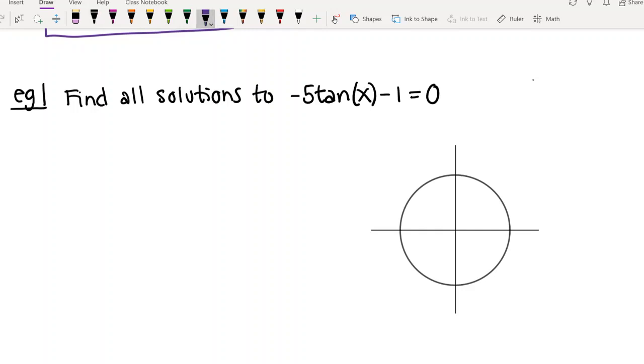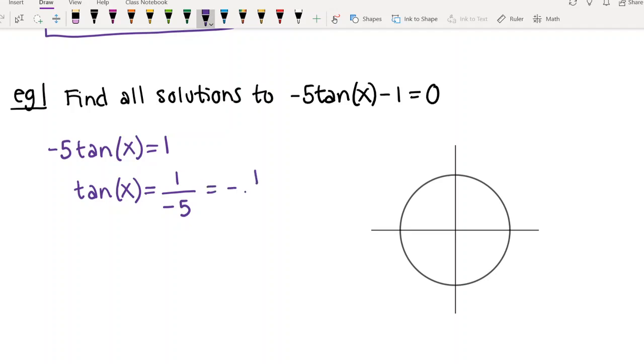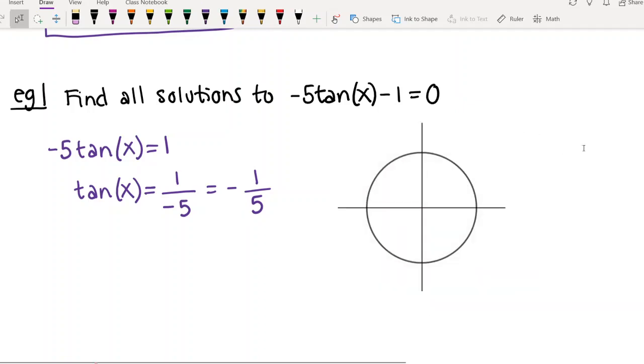So we can start by isolating tangent of x. We get -5 times tangent of x is equal to 1, and then tangent of x is equal to 1 over -5, which is the same thing as -1/5. So that tells us we're looking for angles on the unit circle with a slope of -1/5.